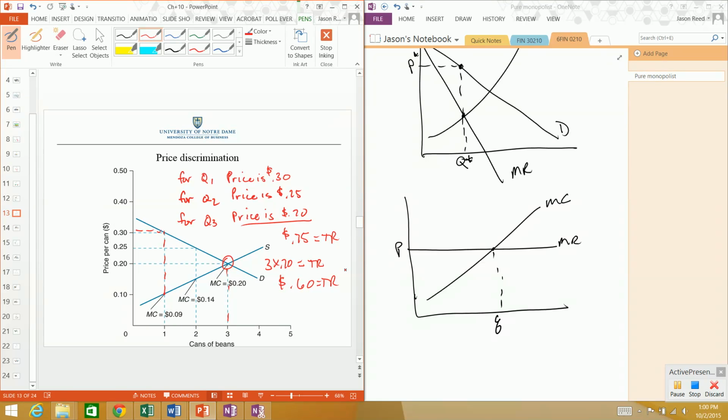So what this supermarket is able to do is segment the market into people who are going to buy one can of beans versus people who want to buy multiple cans of beans. The pricing structure creates additional total revenue for selling the same amount of cans in a very different way.